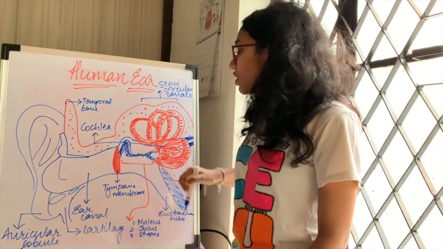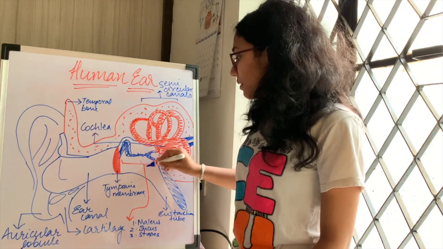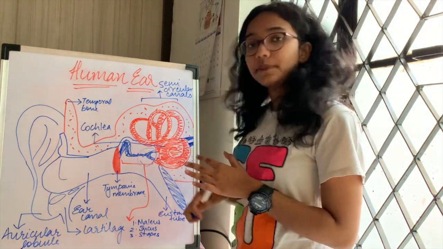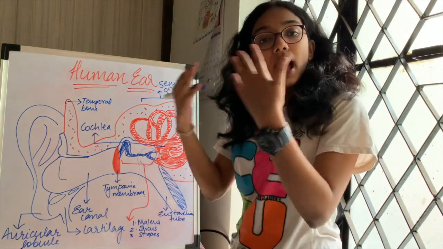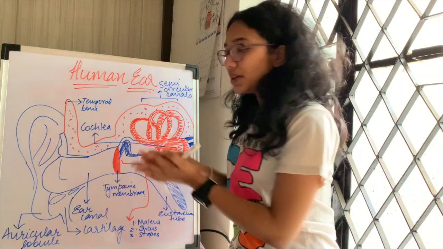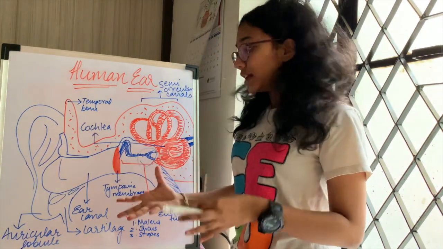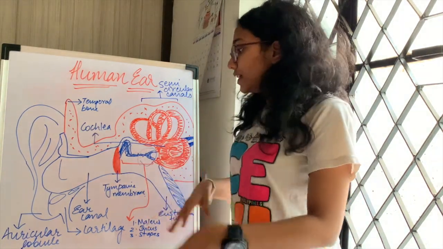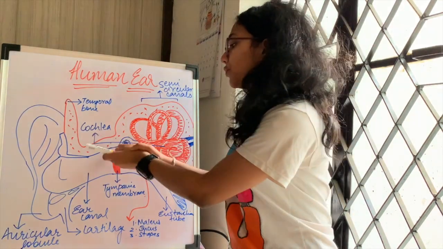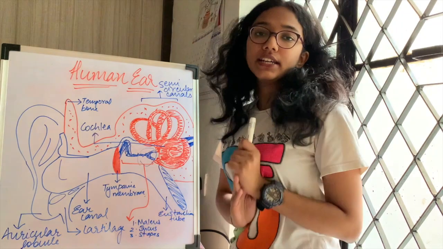So these are the three bones, and the stapes is the smallest bone of our body. The malleus, incus, and stapes are present in order to amplify the sound. The sound has been received by the pinna, it's gone to the membrane and has been amplified once. It's re-amplified with the help of these three bones, which pass on the sound from the outer ear to the inner ear.